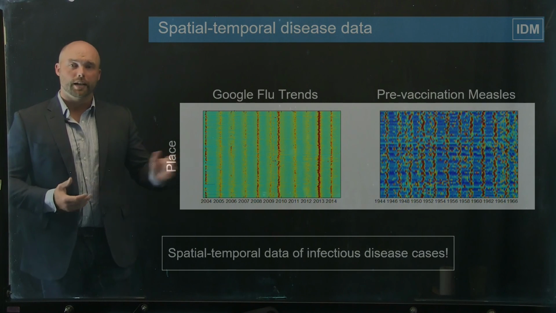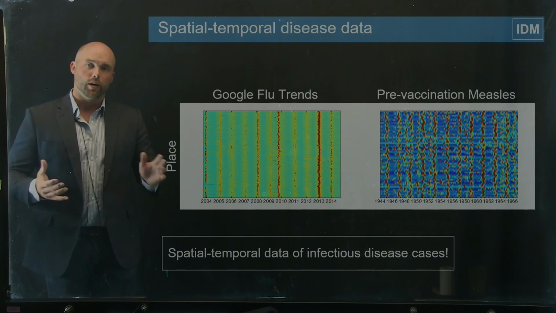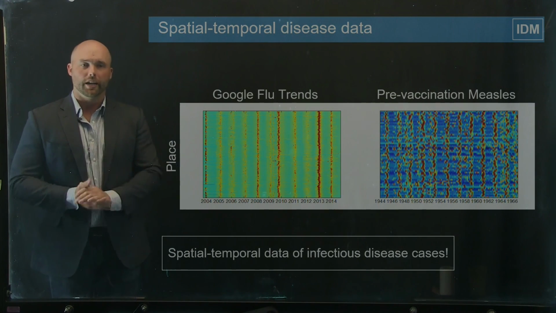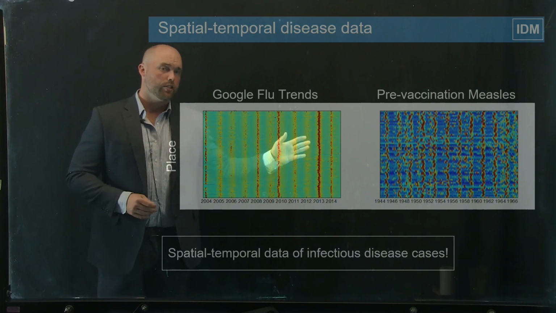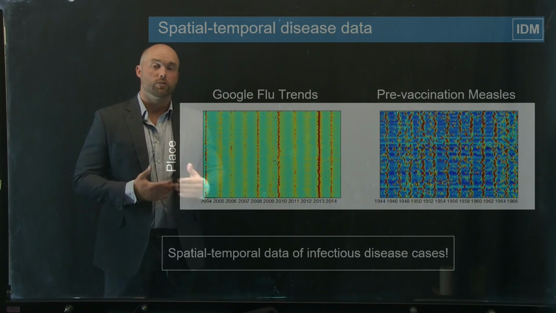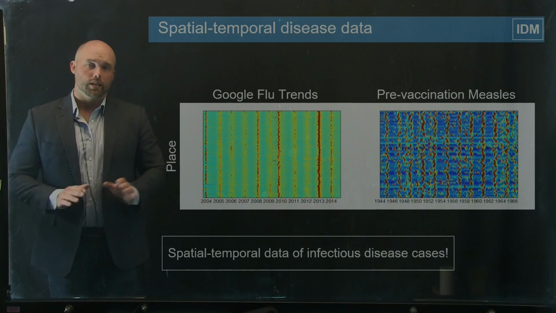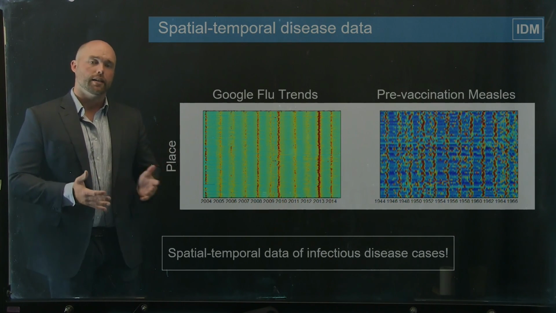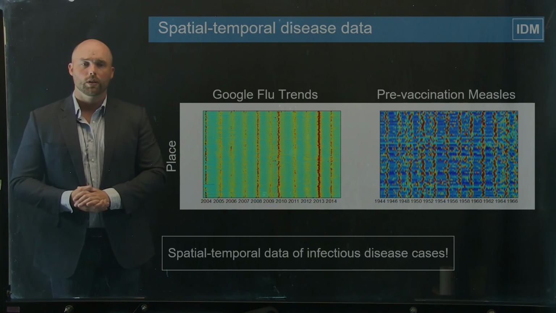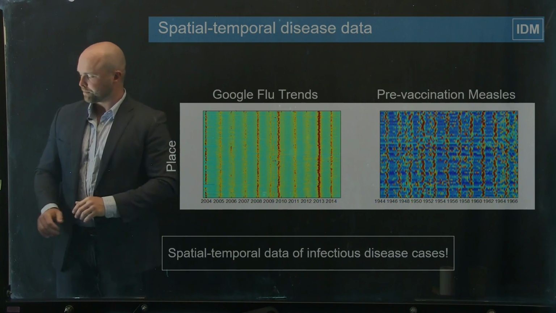With flu, as we expect, each year, most places get flu right around about the same time with a little bit of variation. In the measles data set, you see a seasonal effect, but there's more nuance and more interesting temporal characteristics. But the takeaway is the fact that this type of data has a very strong spatial temporal characteristic.